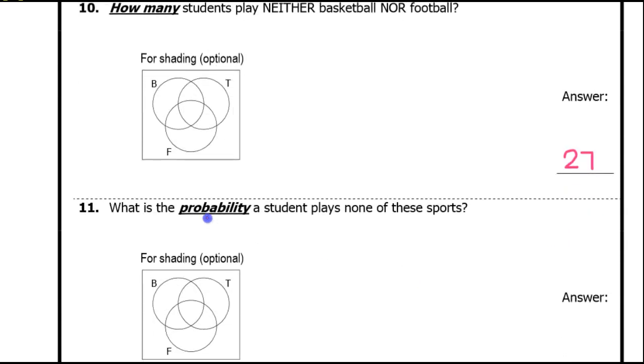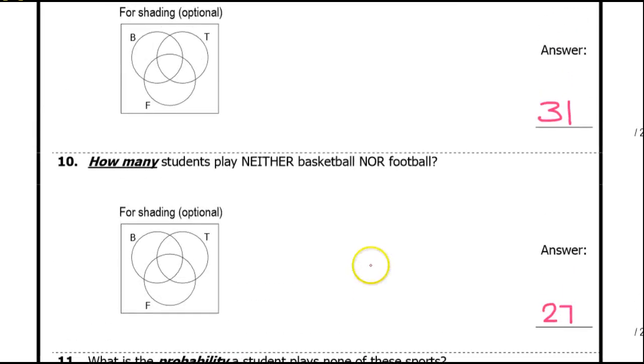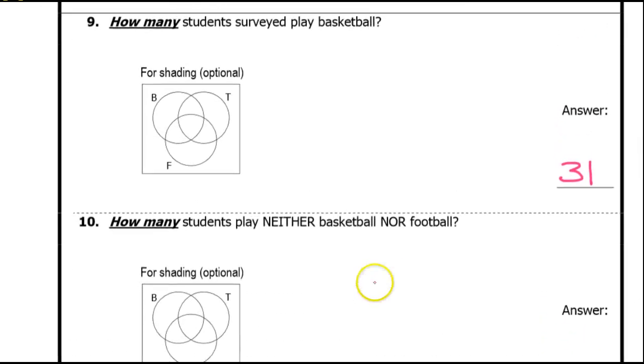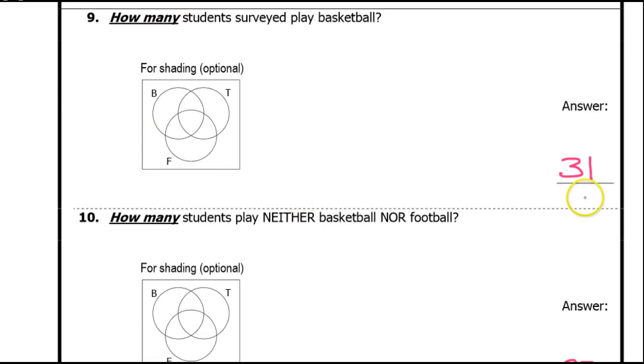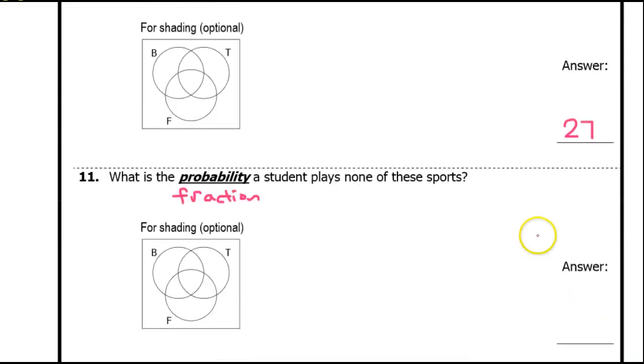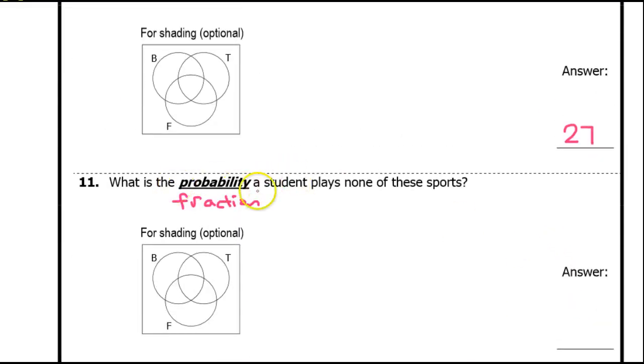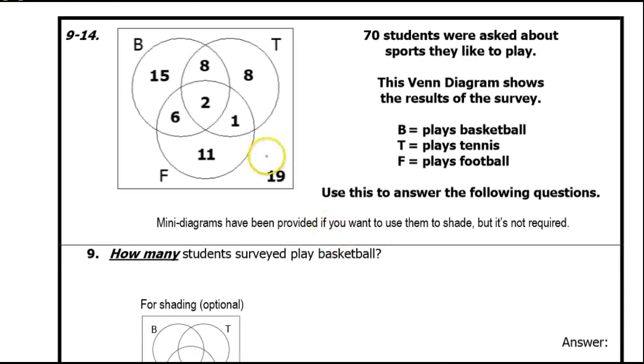What is the probability? As soon as I see the word probability, this is going to be a fraction. Notice how the other two problems I just did said how many, so I just wrote a whole number. Watch out. Anyway, what is the probability that a student plays none of these sports? Well, I'm looking at you, number 19.